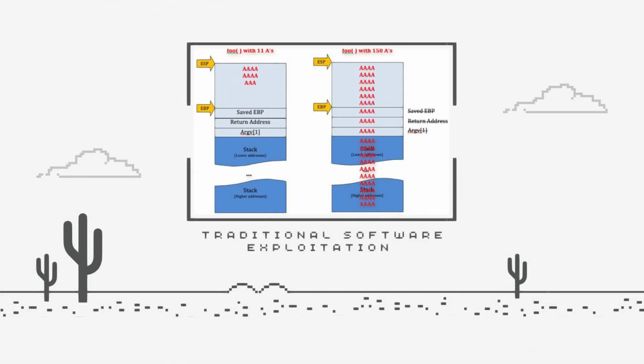To understand why ROP is significant, let's look at how traditional software exploitation used to work. In the past, exploitation was relatively straightforward. An attacker would find a vulnerability like a buffer overflow, inject their own malicious code, typically called shellcode, directly into memory, and then redirect program execution to that shellcode.